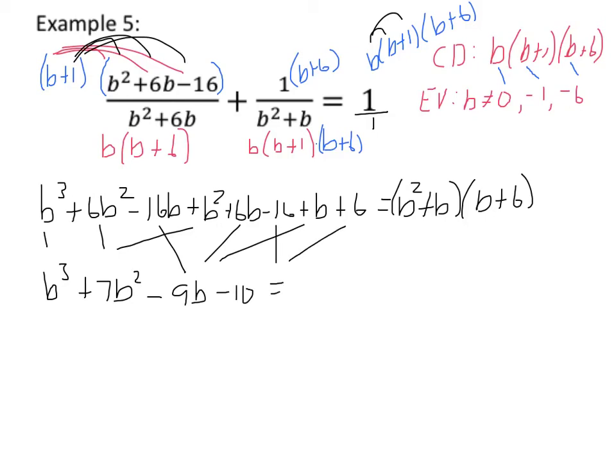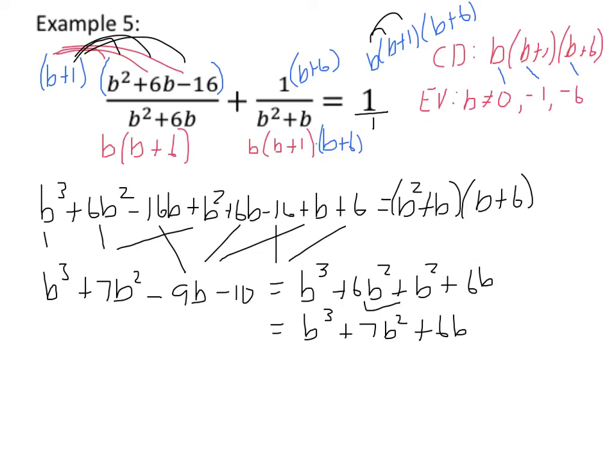On the right side, when I FOIL this, I have b cubed plus 6b squared plus b squared plus 6b. Alright, so we start combining like terms. On the right side, I can clean that up a little bit, and I get b cubed. These two together give us plus 7b squared plus 6b.